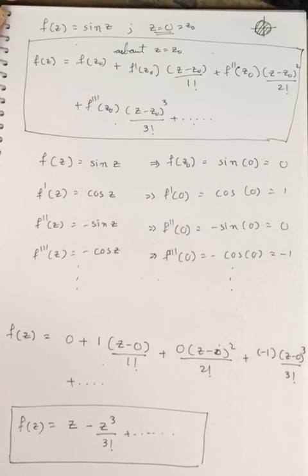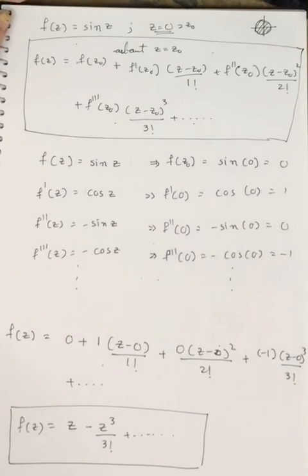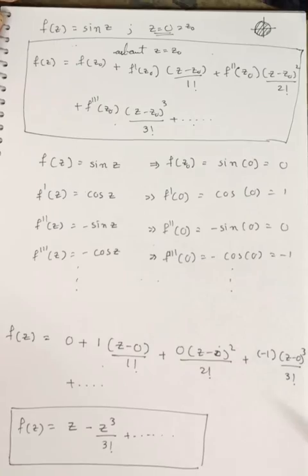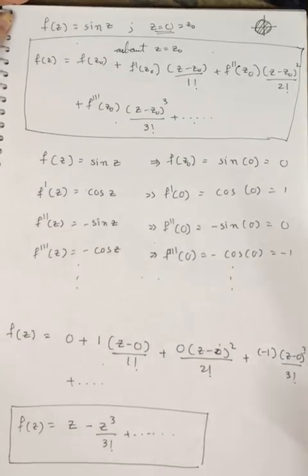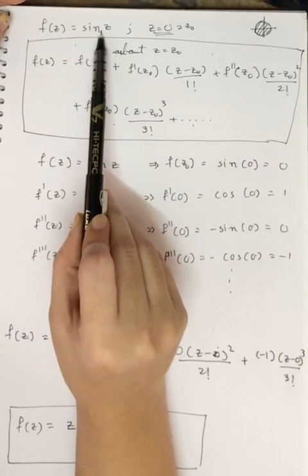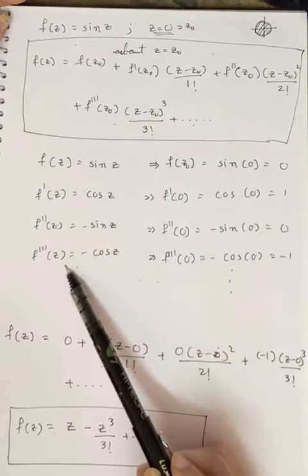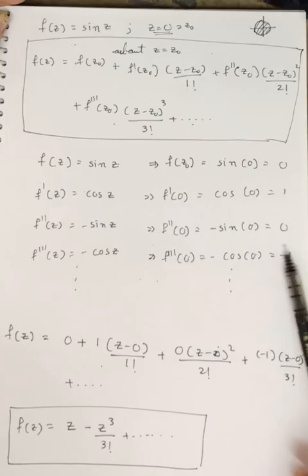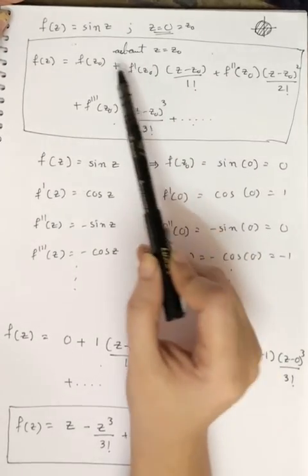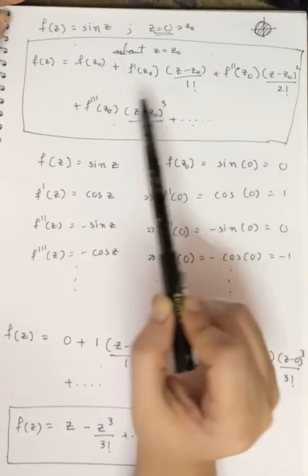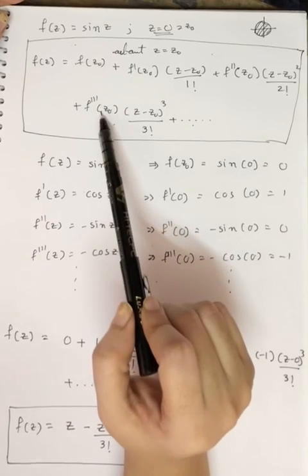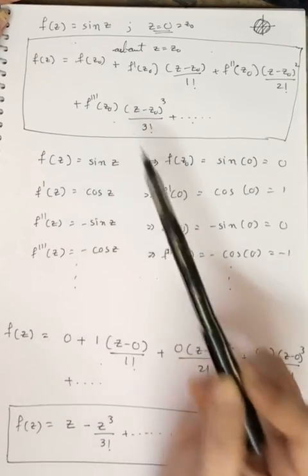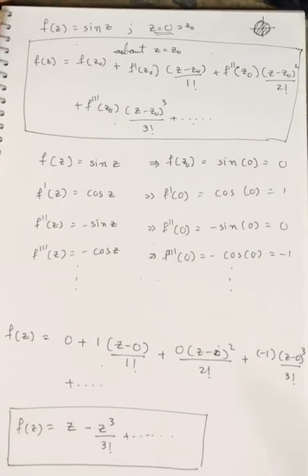It is so simple, right? In order to summarize the method, what did we do? We are given the function, find the required derivatives and find their values at the point about which you want to expand. Plug those values of the function and its derivatives into the formula of the series expansion, simplify, and you get the answer.